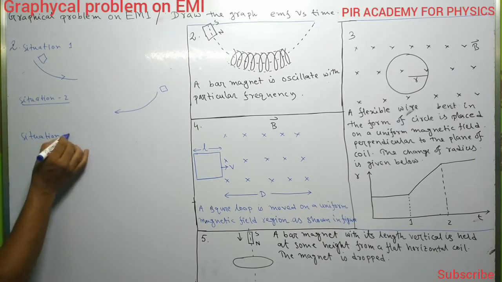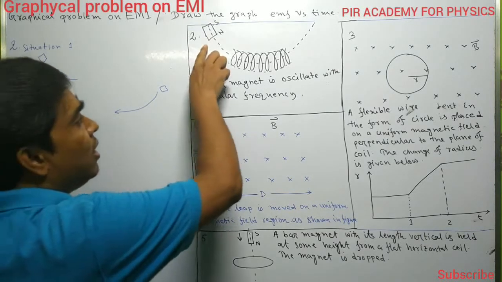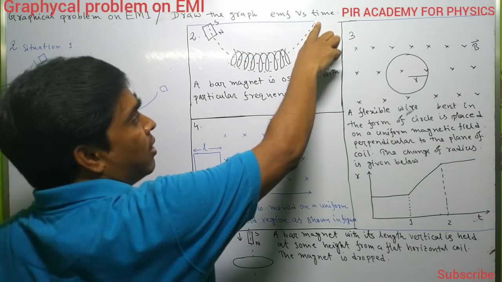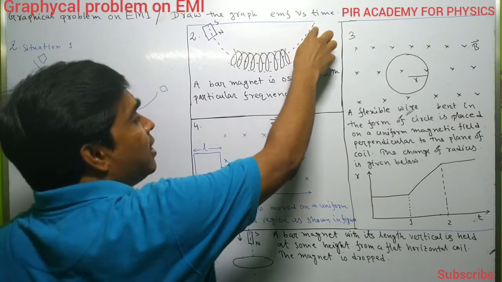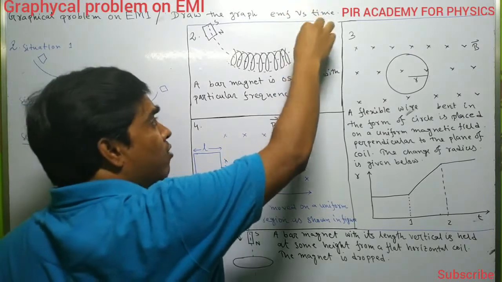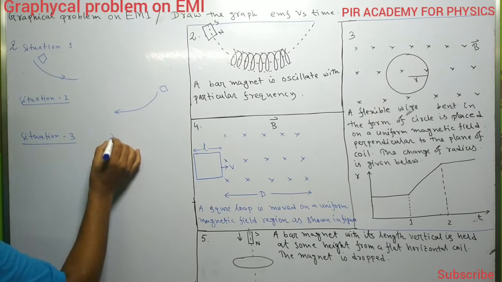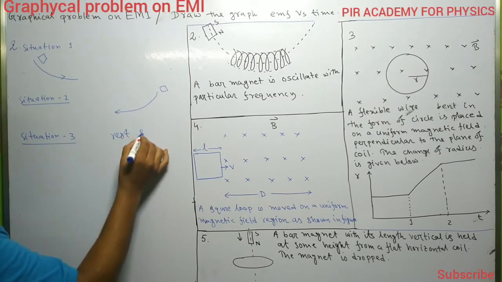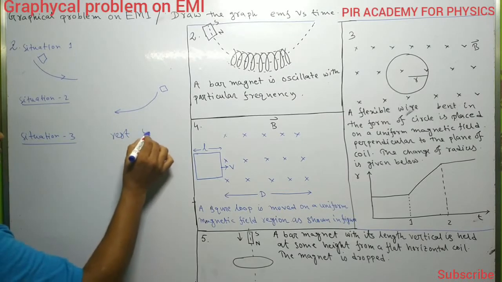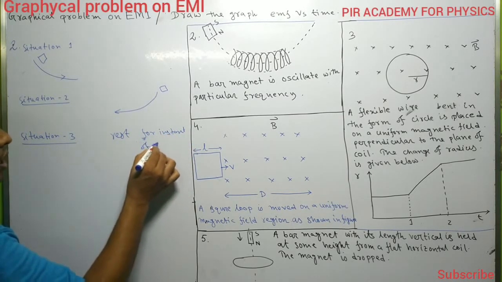Situation number 3 is when this bar magnet reaches the maximum point. For an instant of time, this bar magnet is at rest at the highest point. That means the bar magnet is at rest for some time, for an instant.